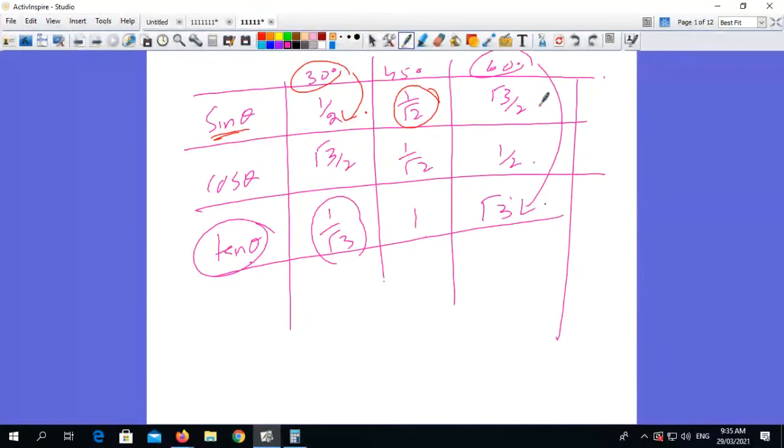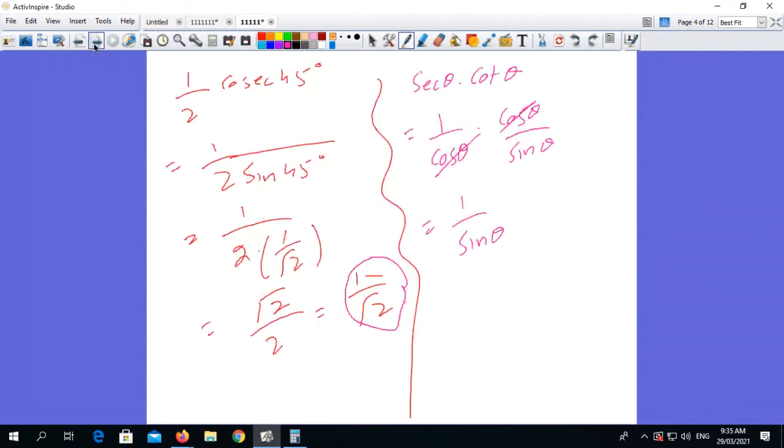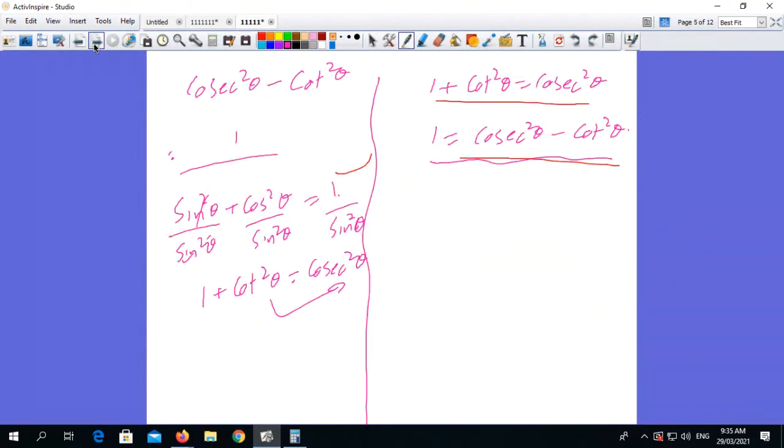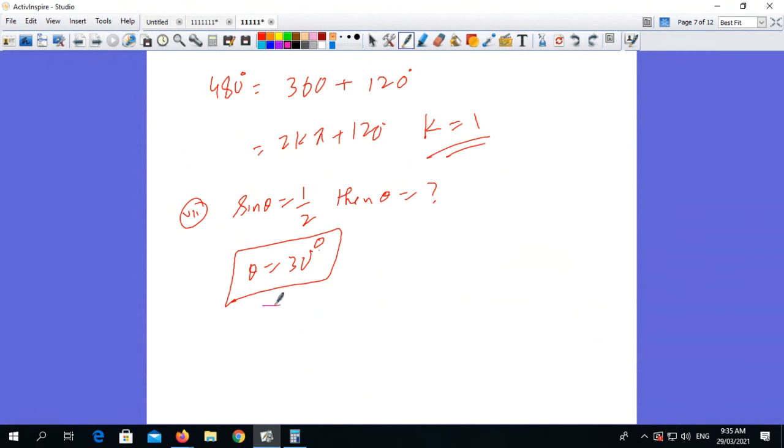The answer is 30 degrees, because when we take sine of 30 degrees we get 1 by 2. So the angle is 30 degrees.